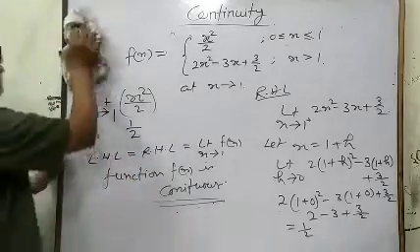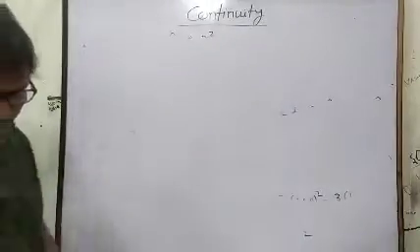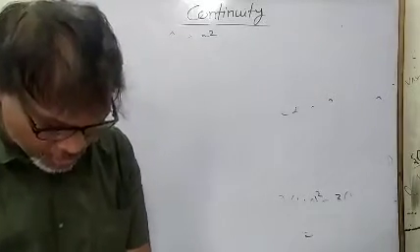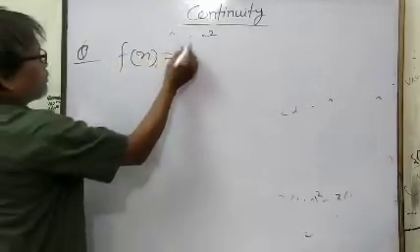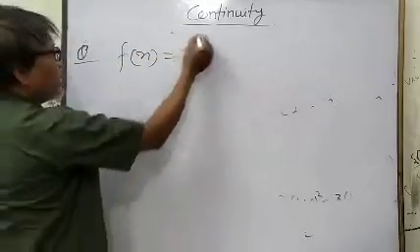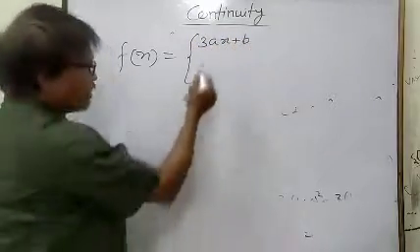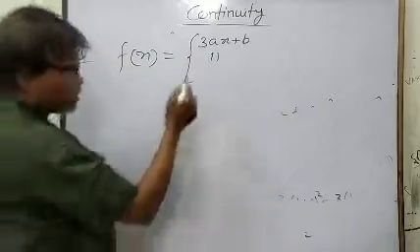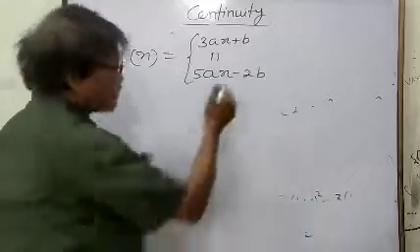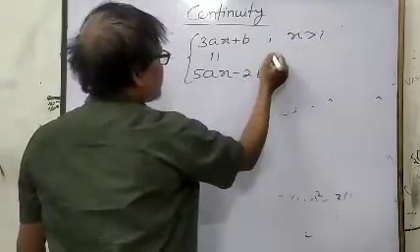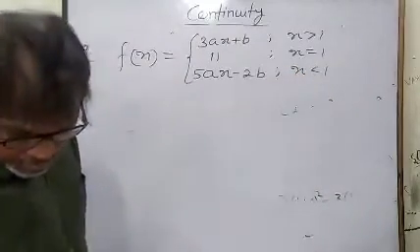Second example, when you have to find the value of a constant by using a continuous function. In this case, if f(x) is equal to 3ax plus b where x is greater than 1, 11 where x is equal to 1, and 5ax minus 2b where x is less than 1.